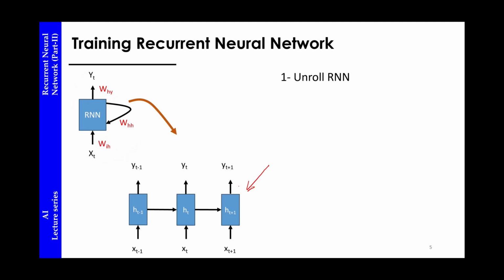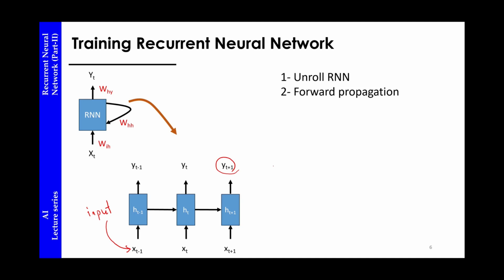as we had in a fully connected neural network, first we should move forward and perform forward propagation. With forward propagation, we move from the input, which is here, to the output.